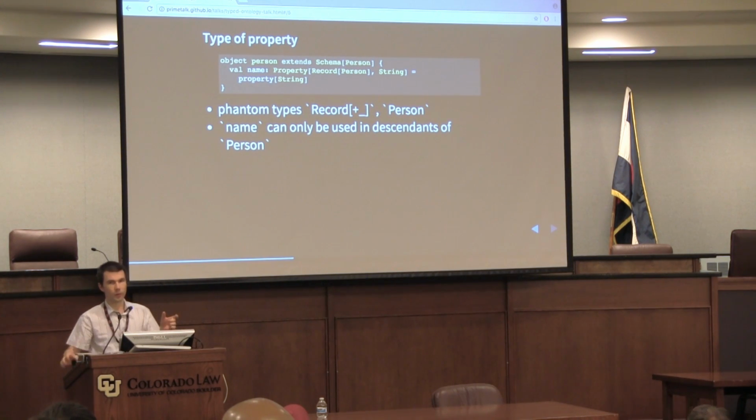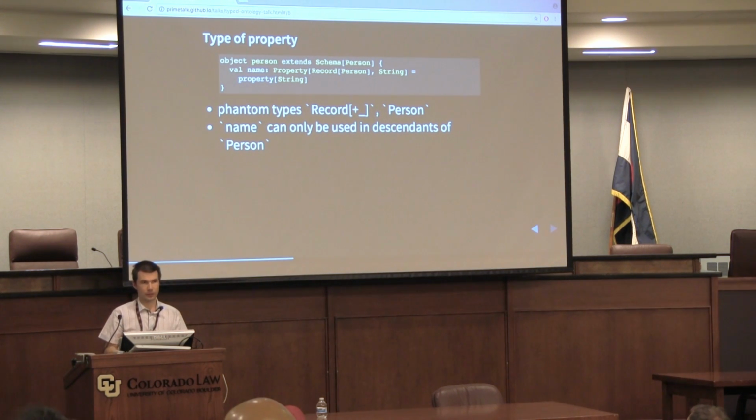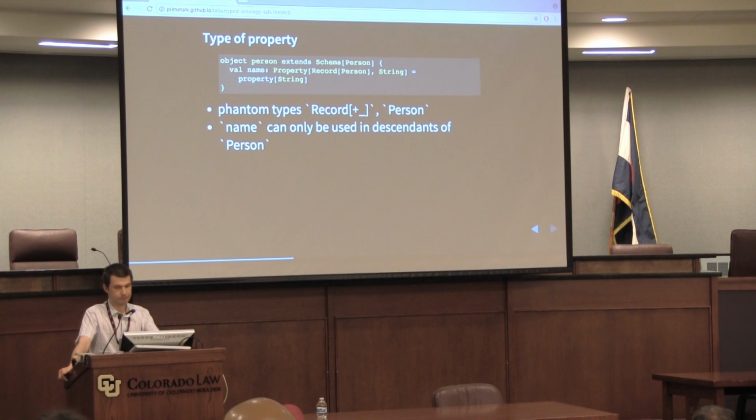So probably it's more convenient, for instance, to put the JSON property name into the property itself, so it's easily mappable. And we can map those phantom types to actual types in Haskell, just using a kind of functor.